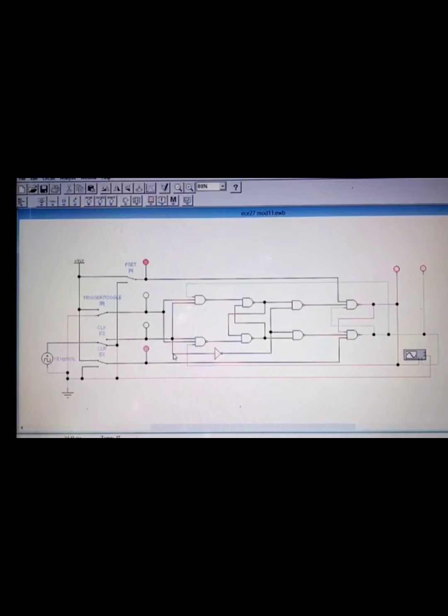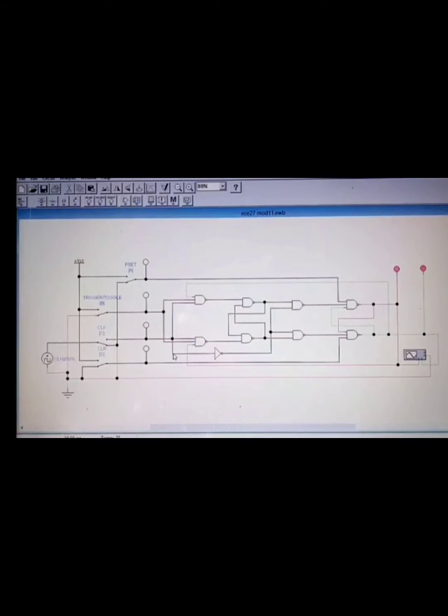Next, if we turn off the preset, it provides an output wherein the Q does not blink and only the Q prime blinks. So it means that the clock operation does not take place. But if we turn on the preset and turn off the clear, in contrast, Q blinks and the Q prime does not blink.